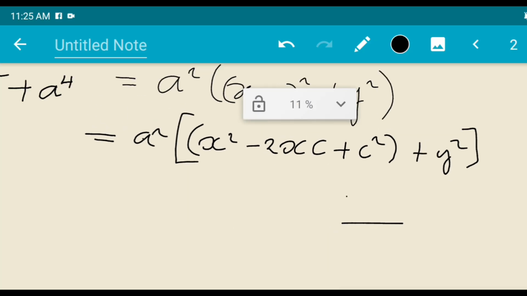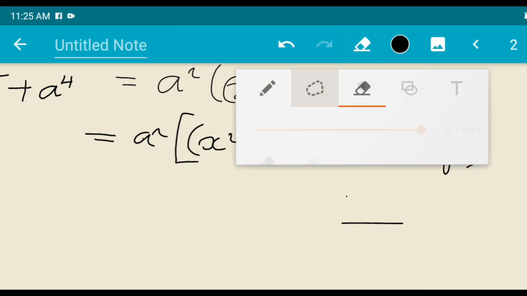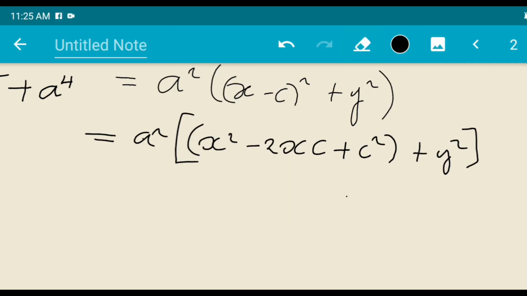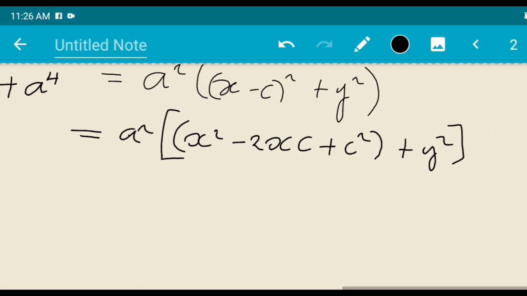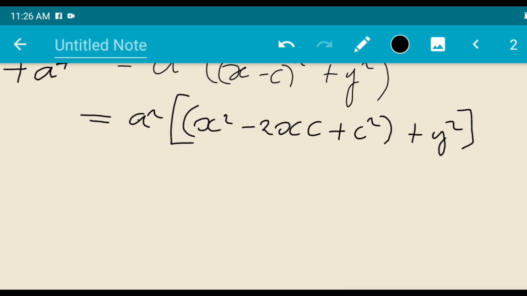Then we multiply everything. Let's simplify it even further.